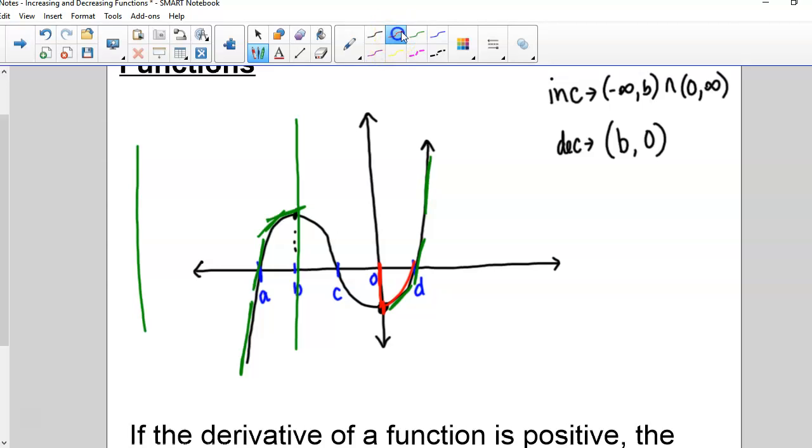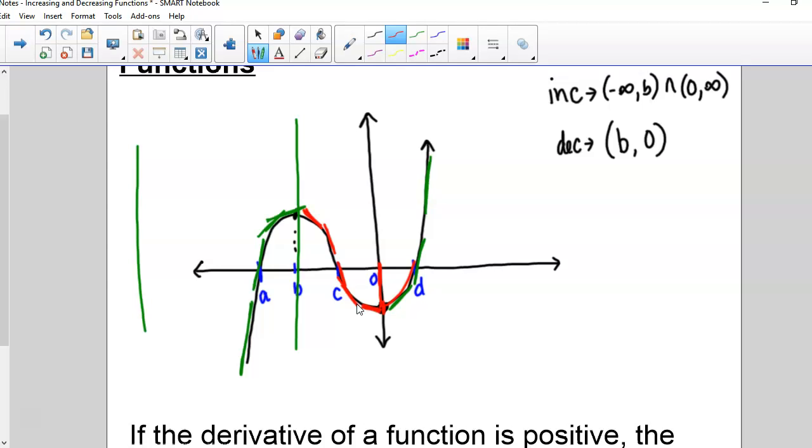And so in between B and 0, right here, the graph is decreasing. If we look at our tangent lines here, what do those tangent lines have in common? They are decreasing, but in particular, if we think of their slopes, what do you know about the slopes of all those lines?